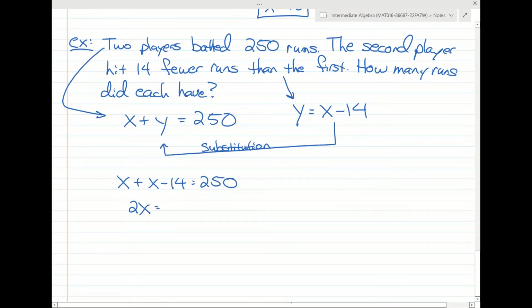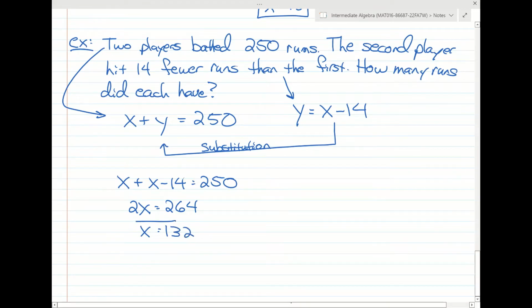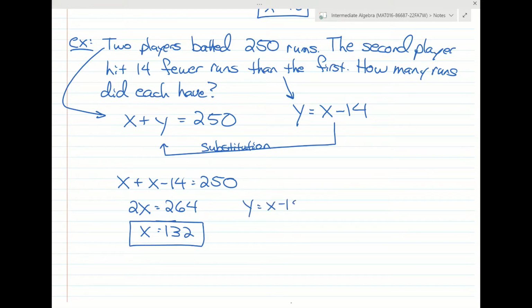So this would be 2x. 250 plus the 14 is 264. And we can get x is 132. That's what the first player hit. And if y is equal to x minus 14, 132 minus 14 is 118.